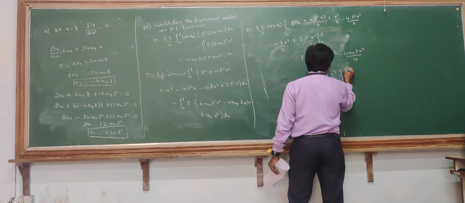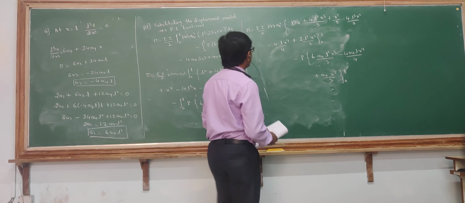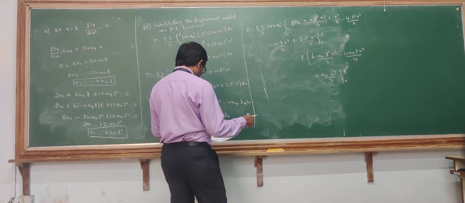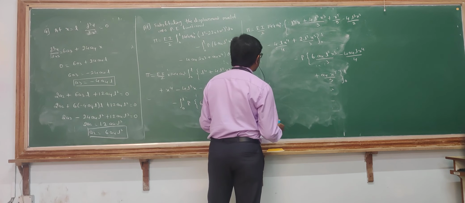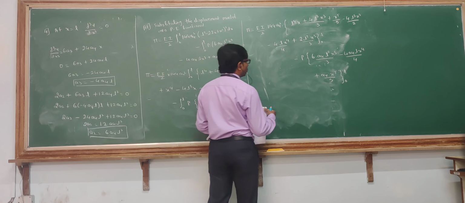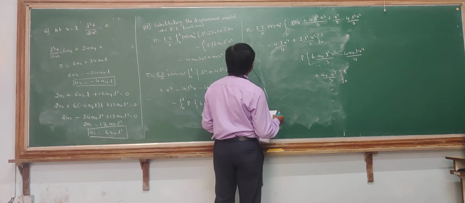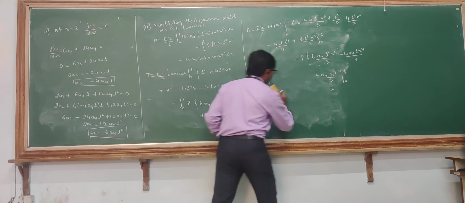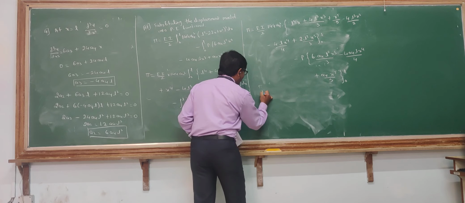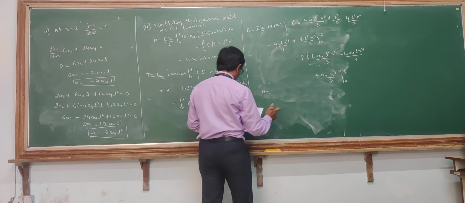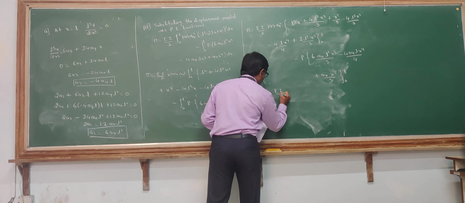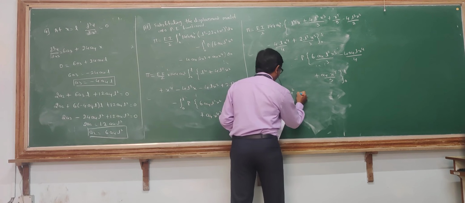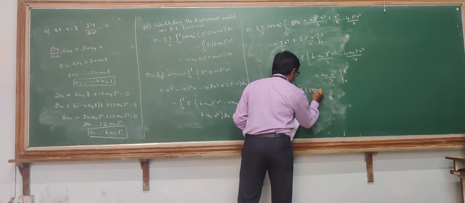The limit is 0 to L. So if you substitute the limits, what you will end up here is pi is equal to EI by 2 A4 square L5 into 28.8.